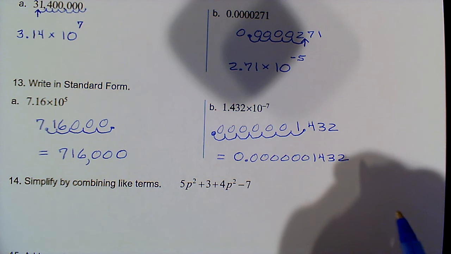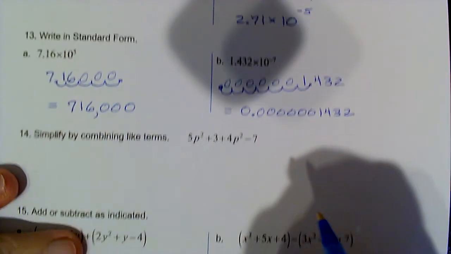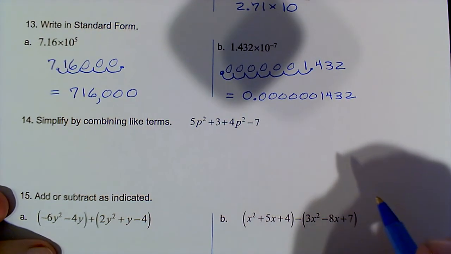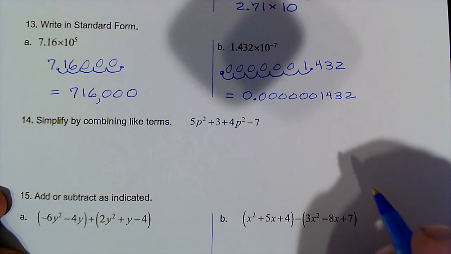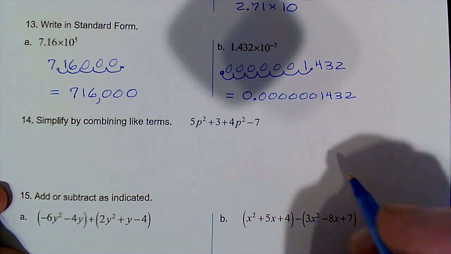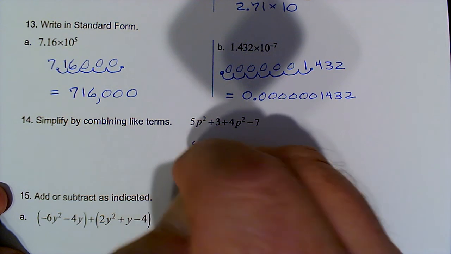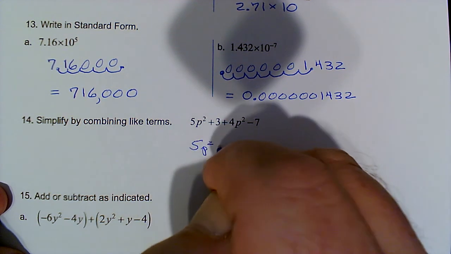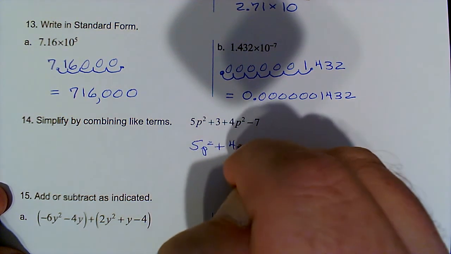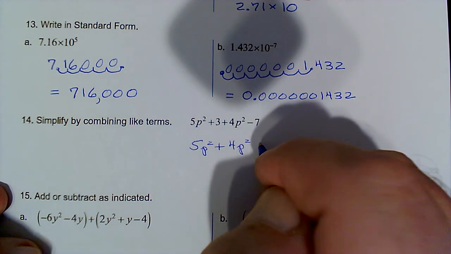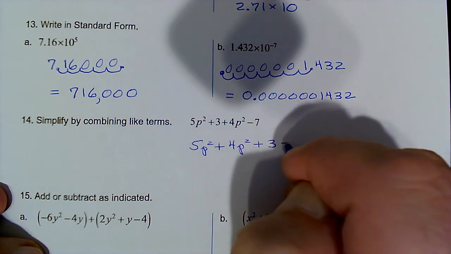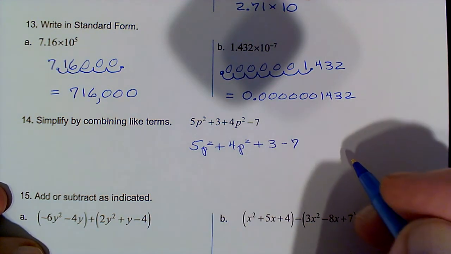Okay, next idea, combining like terms. And remember that like terms have the same variable and the same exponent. So you could group the like terms together. For example, I could write the 5p squared and just move the 4p squared over with it, and then group the constant terms together.